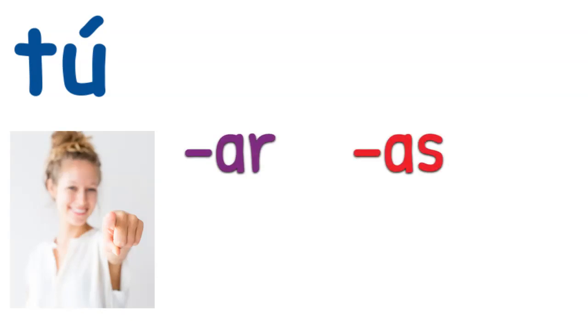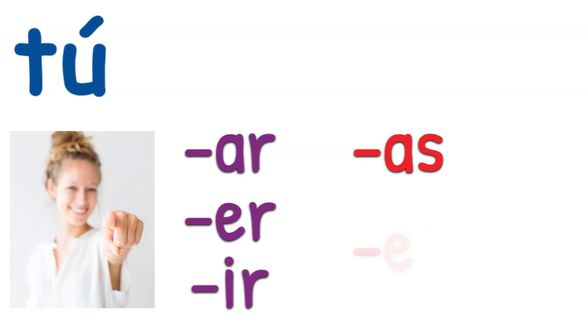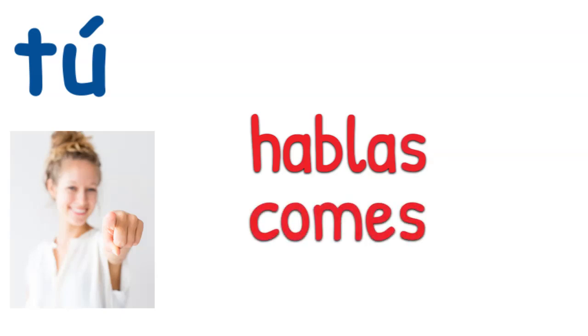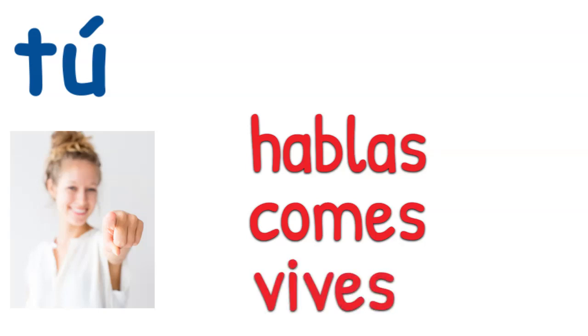When speaking directly to someone in the informal tú form, AR verbs end in AS, while both ER and IR verbs end in ES. So, now we have hablas, meaning you speak, comes, meaning you eat, and vives, meaning you live.